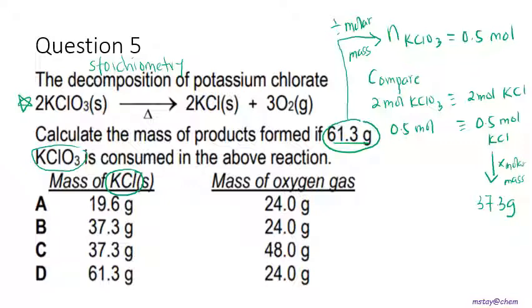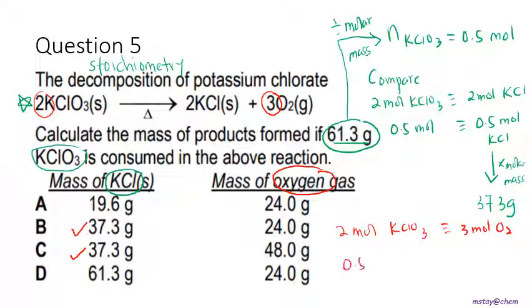A similar method will be used to solve the part for the oxygen gas. However, this time, according to the chemical equation, the ratio is 2 to 3. So 2 moles of KClO3 produce 3 moles of O2.